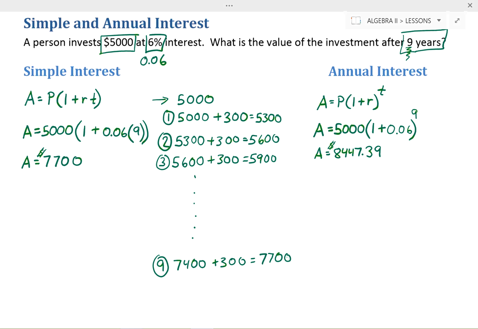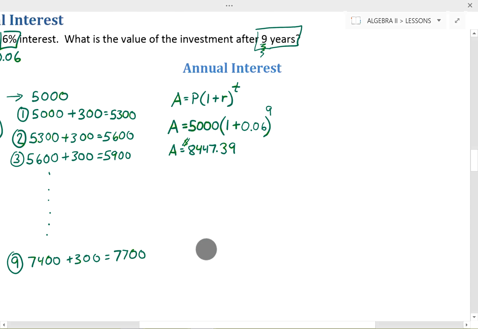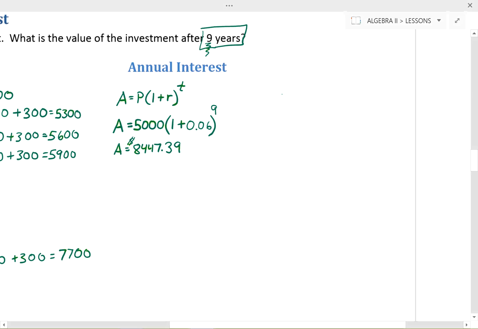Now, in annual interest, things operate a little bit differently. In annual interest, you start off with your $5,000 again, and at the end of 1 year, you've got your $5,000 plus that extra $300, which is the 6% of the $5,000, for a total of $5,300.